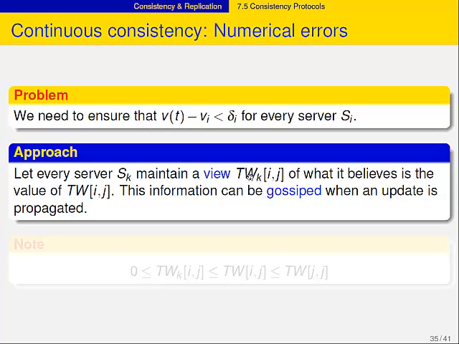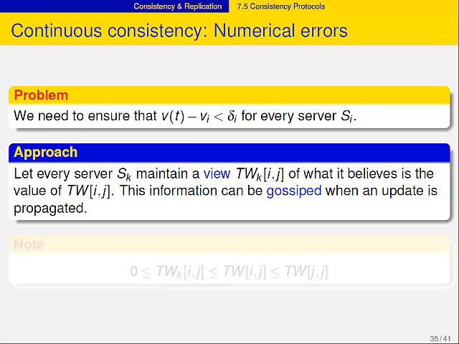TW(k,i,j) is my belief of what server Si has seen from the updates that originated from server Sj. This should hurt a bit. Okay?